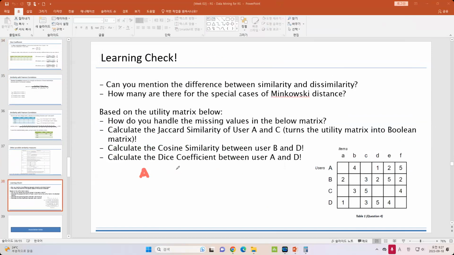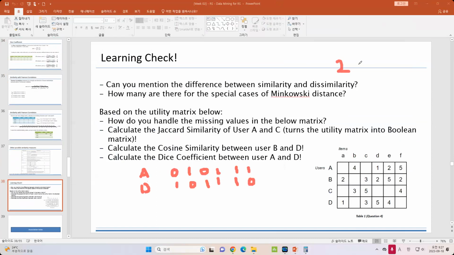So A is 0, 1, 0, 1, 1, 1, and D is 1, 0, 1, 1, 1, 0.